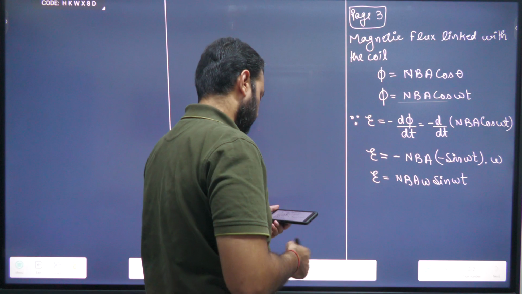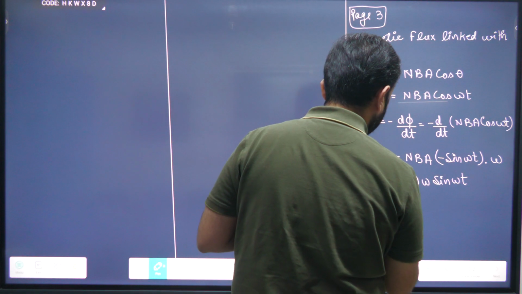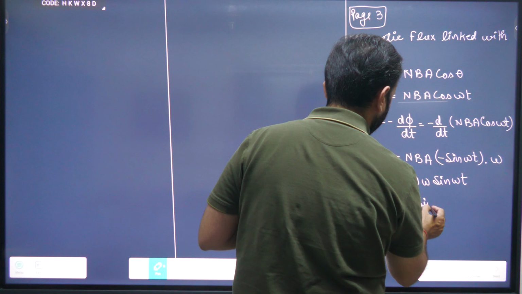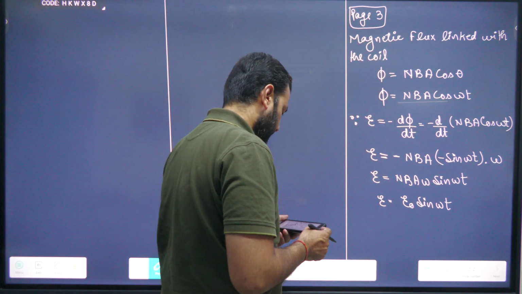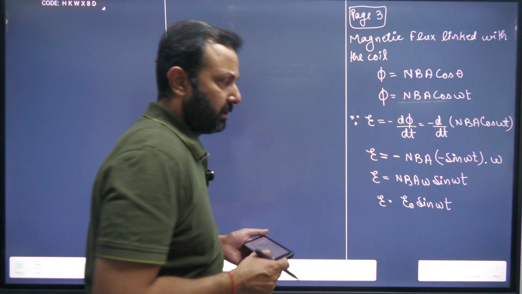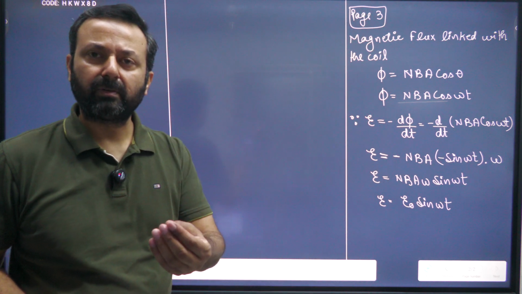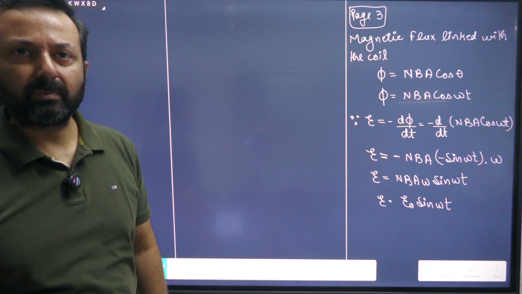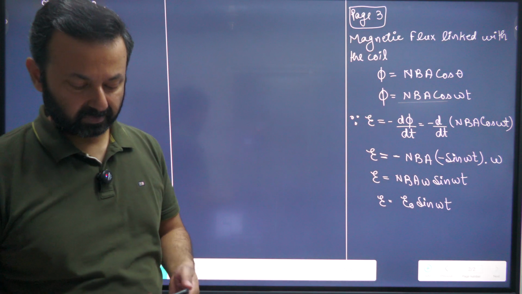And we know, as we did in the last chapter, that NBA omega is E naught. So E is equal to E naught sin omega t. So what we are getting here is EMF, and if we get EMF, then current can be generated. So this is how an AC generator works.